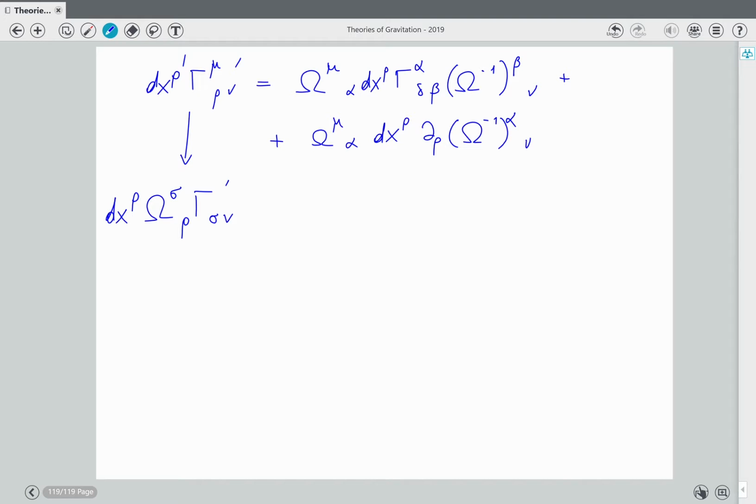So now you have an identity where, if we drop dx rho everywhere, because this is a one form, so the coefficients should be the same, we have omega sigma rho gamma sigma nu prime, there is a mu here, equals, and then you copy that.